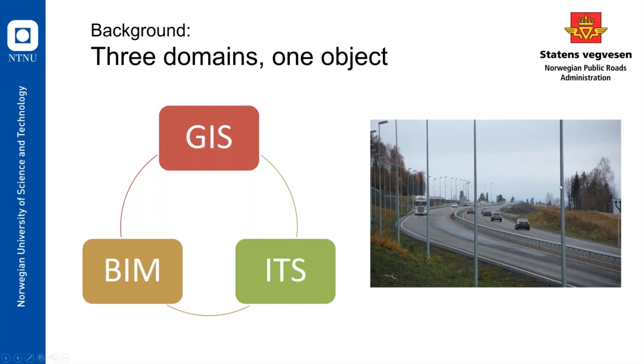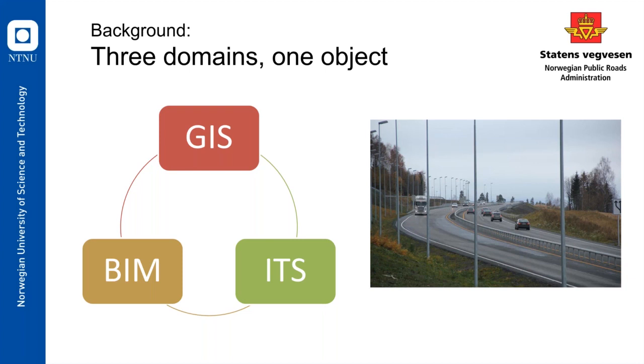When you're constructing the railing, you want to know what type it is, so the bolts and nuts and everything. In the GIS, maybe it's more the cartographic presentation of it, but also, for instance, how it's reflecting noise, because you want to use it for noise calculations.